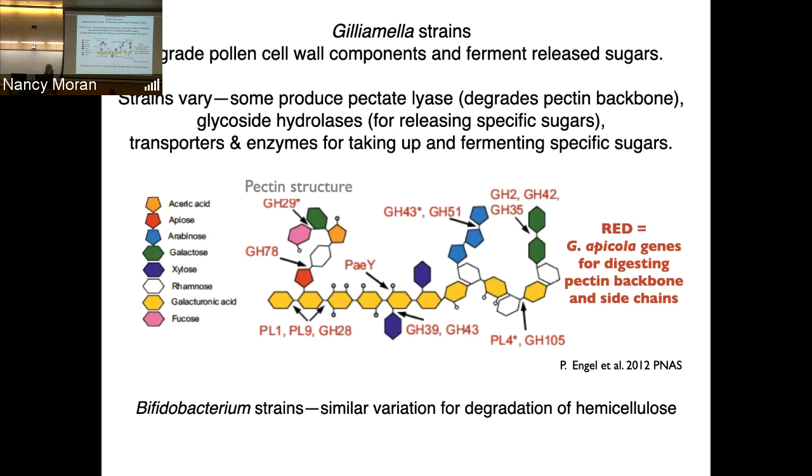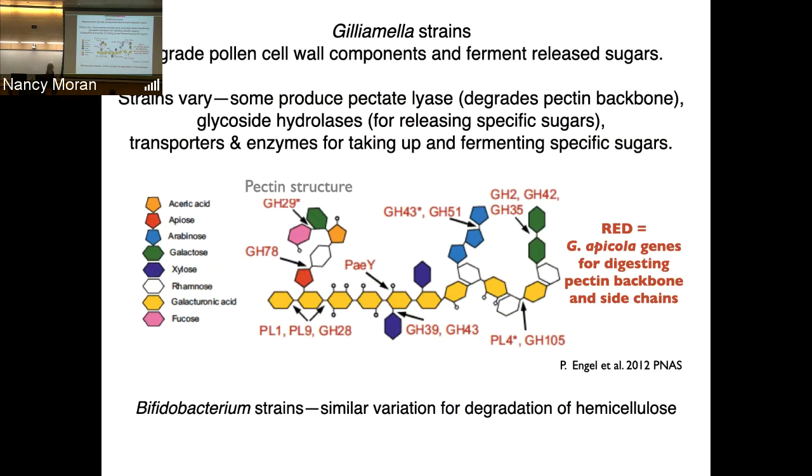For example, breaking down pectin, the polygalacturonic acid, PGA backbone, so there's an enzyme for that, the pectate lyase, and there are all these enzymes for breaking the side chains and the sugars off, and then there's a bunch of genes for transporting different sugars in and using particular sugars. So there's this huge set of genes that can be present in Gilliamella strains.